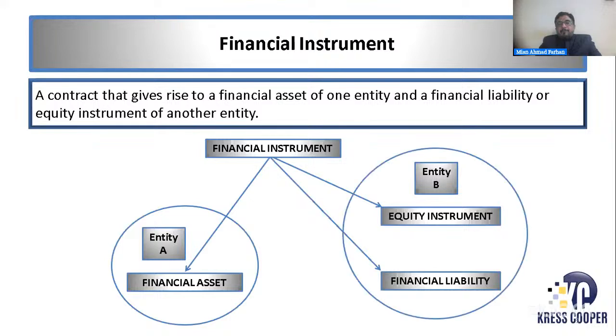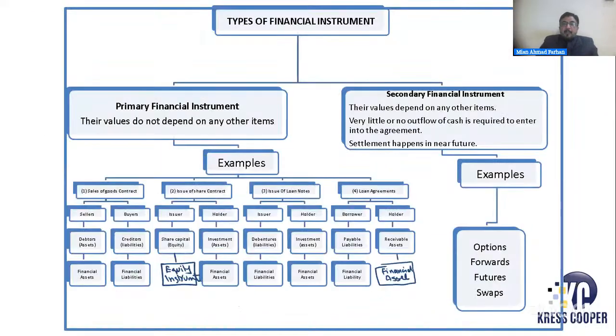So if a contract does not give rise at the same time to the financial asset of one entity and the financial liability or the equity instrument of another entity, it means that it is not a financial instrument. It is a must.